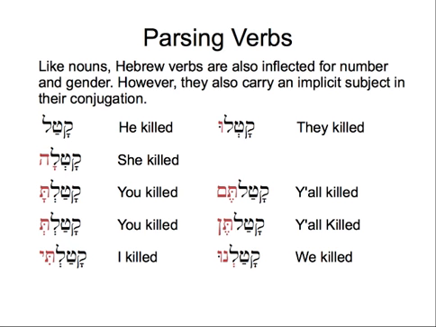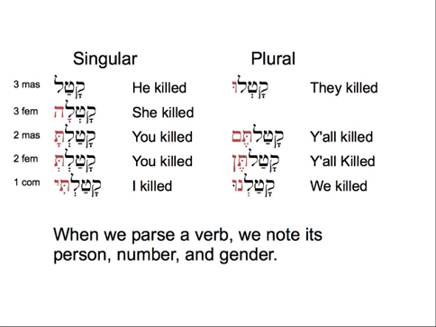It actually means he killed, and it can be translated as such. Even though we don't know who he is, we don't know who he killed, that in itself has a subject and a predicate implicit in the conjugation. Likewise for she killed, katla, so on and so forth. You can see the various conjugations there. The red letters at the end are what changes for the various conjugations, and we will look at this again just down the line here.